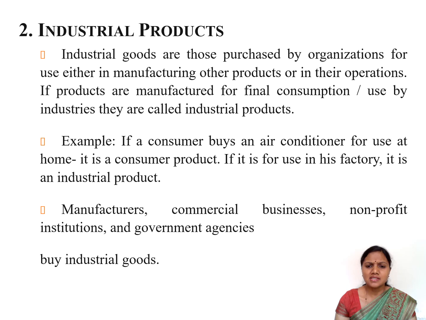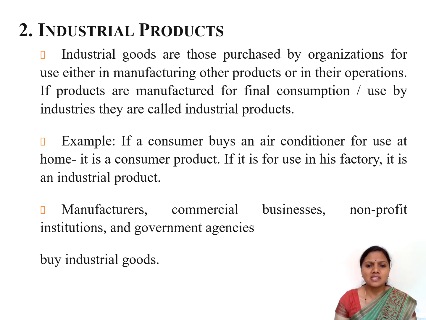If the products are manufactured for consumption of the consumers, it is a consumer product. If the products are manufactured for the final consumption of industries, then it is an industrial product.